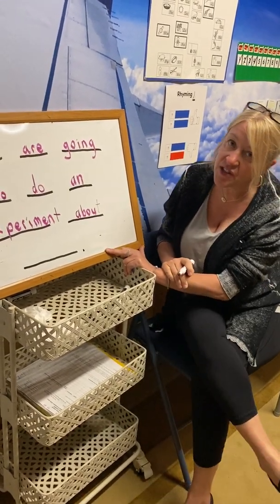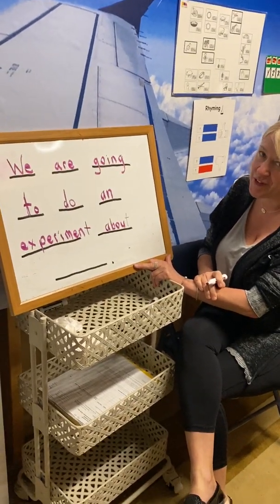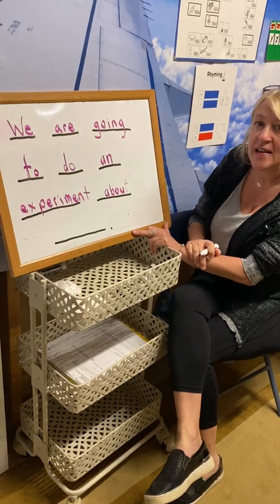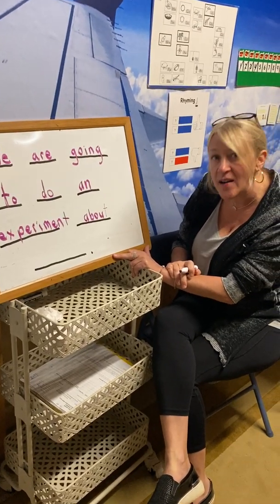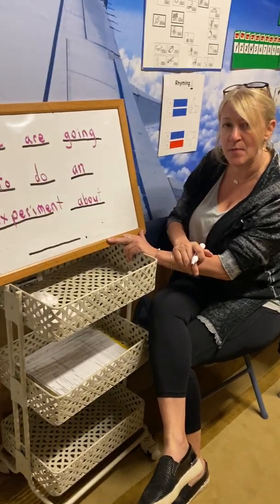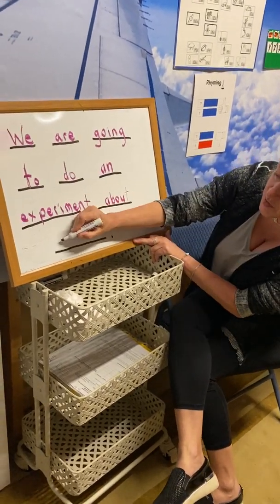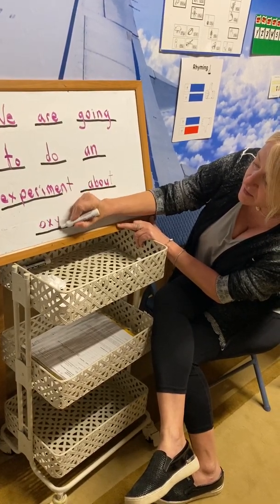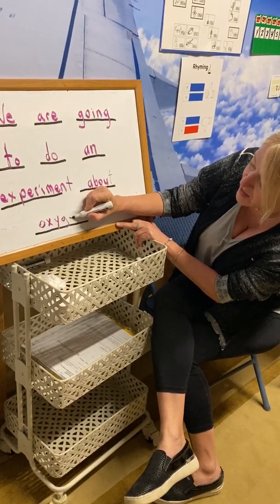Now, oxygen's a little different. It's shorter, it's not as long as experiment. It has an X in it too. Say the word oxygen. Oxygen, experiment. They both have X's. This one starts with an ah, which is a vowel, O, oxygen. It's the air we breathe.